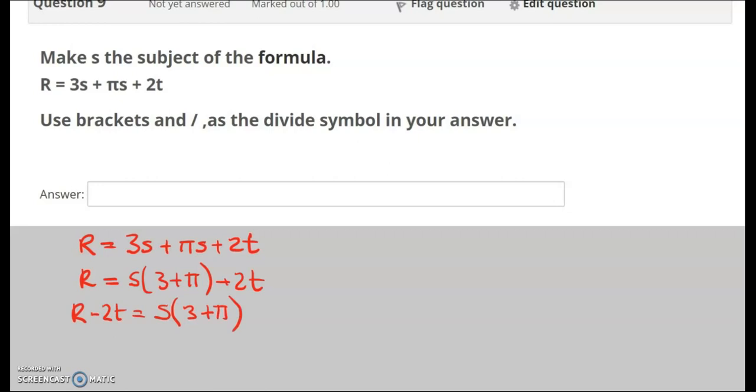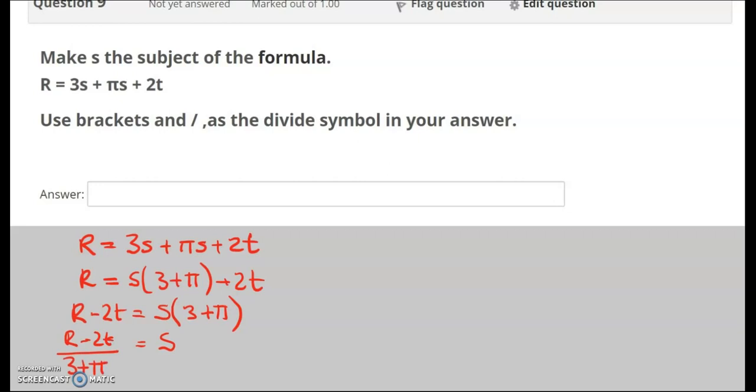And to leave S on its own, we're going to have to divide both sides by 3 plus pi. So we've got S on its own here, and we get R minus 2t all over 3 plus pi.